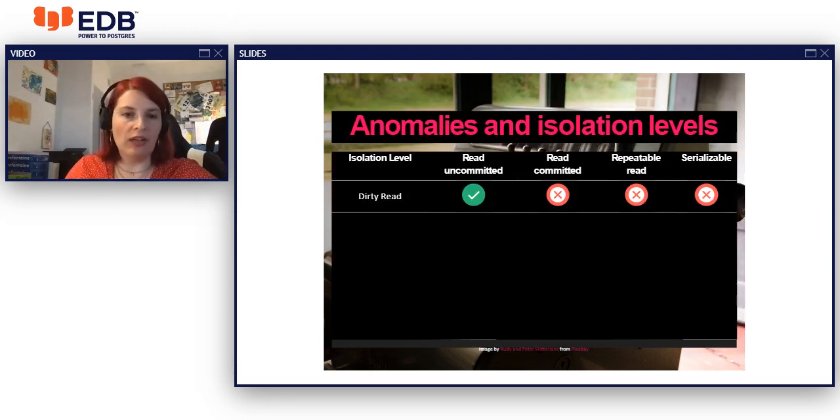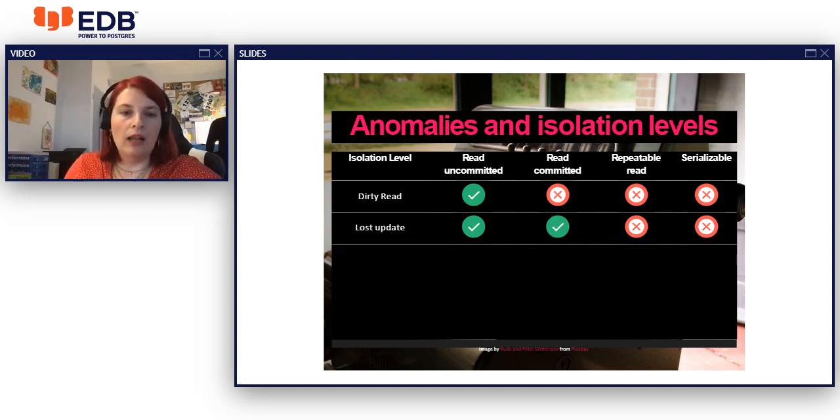Because anomalies can happen only on certain isolation levels. So dirty read can only happen on the isolation level read uncommitted. Lost update can happen on read uncommitted and read committed.